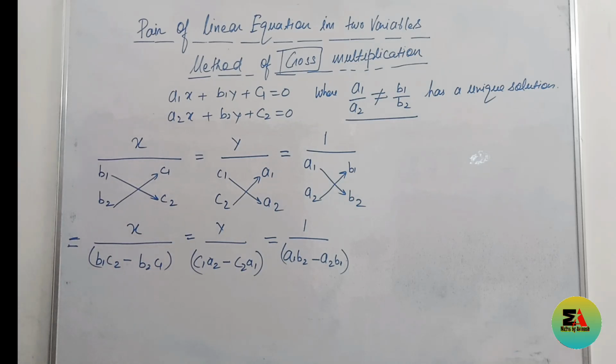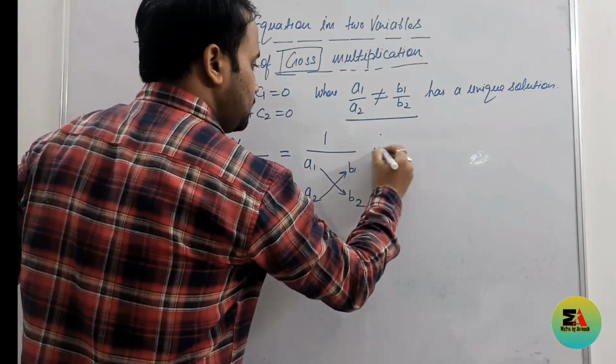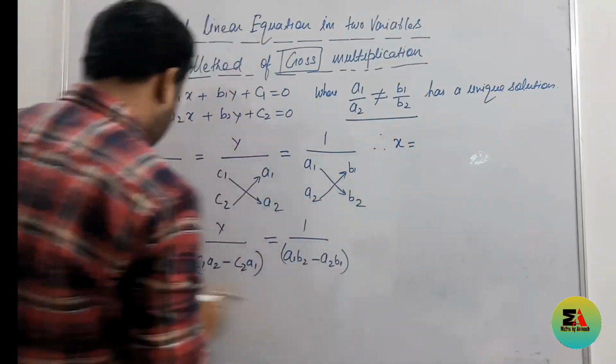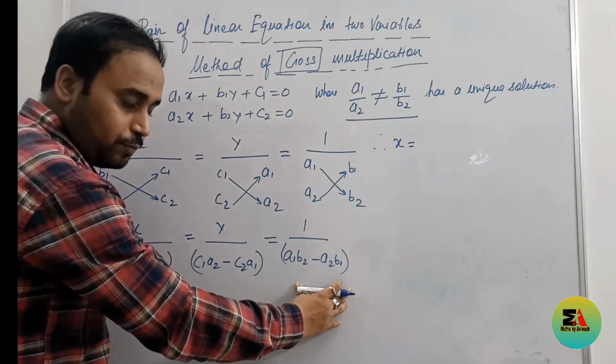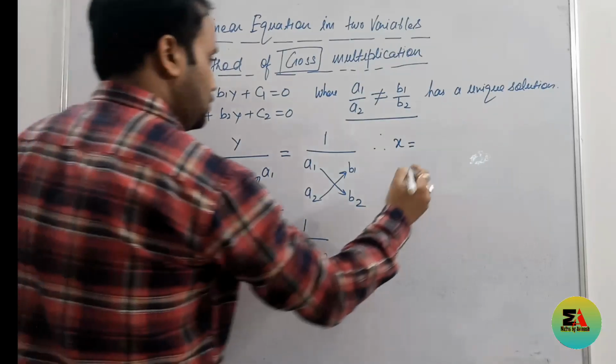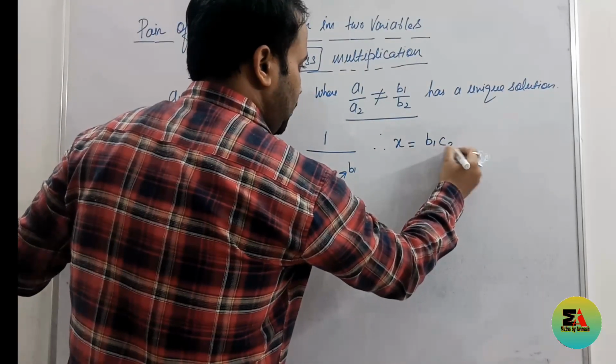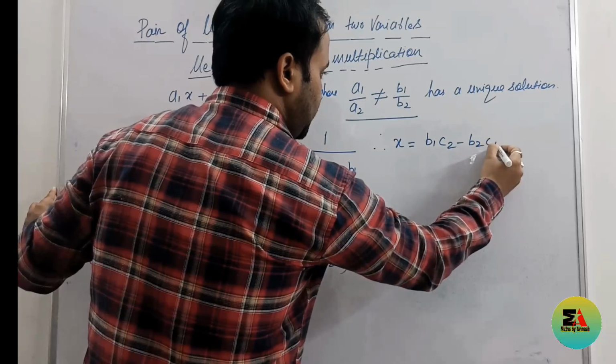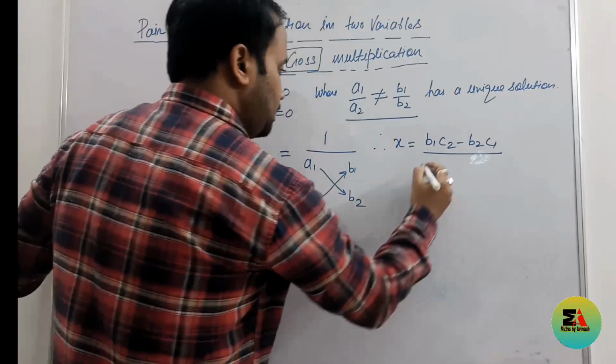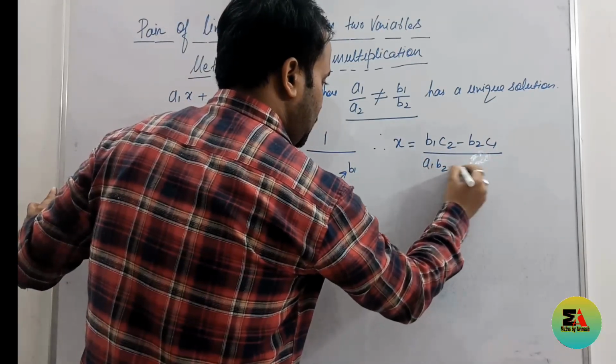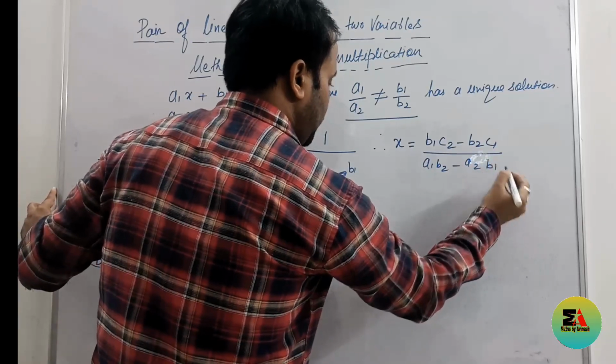Clear? Now what is the formula of this cross multiplication when we calculate the value of x? Just see, therefore x will be, these values are equated with this one, so it becomes b1c2 minus b2c1 by a1b2 minus a2b1.